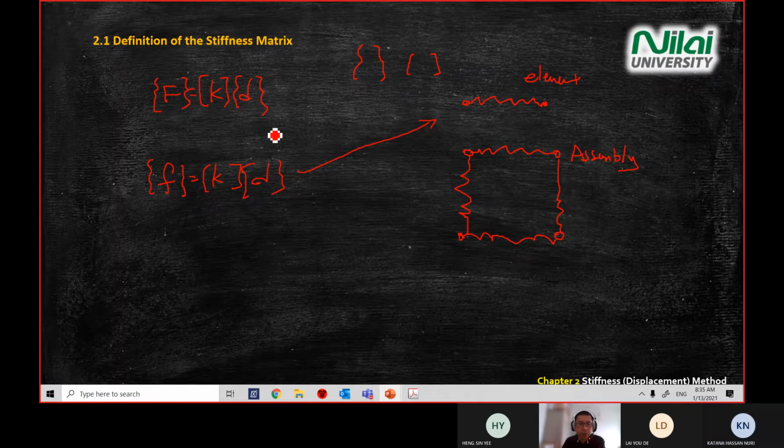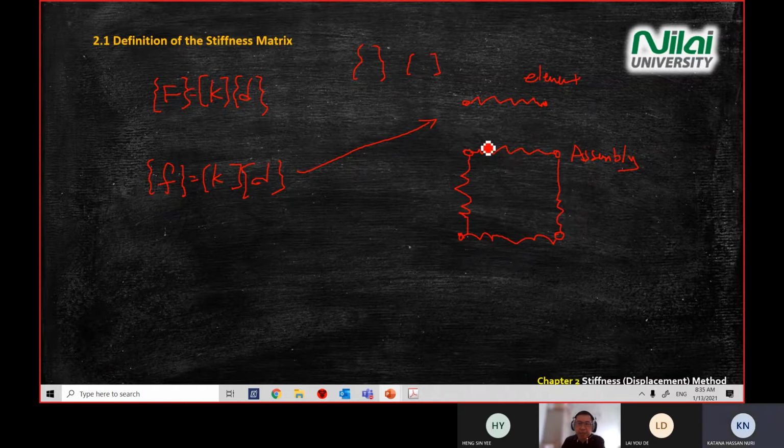So if you want to analyze a single element, of course, in the test or final exam, you'll be given an assembly of a system. So you will start with the capital F. Then after that, you will focus on the individual system. You write this one first, and then you look at the individual system.